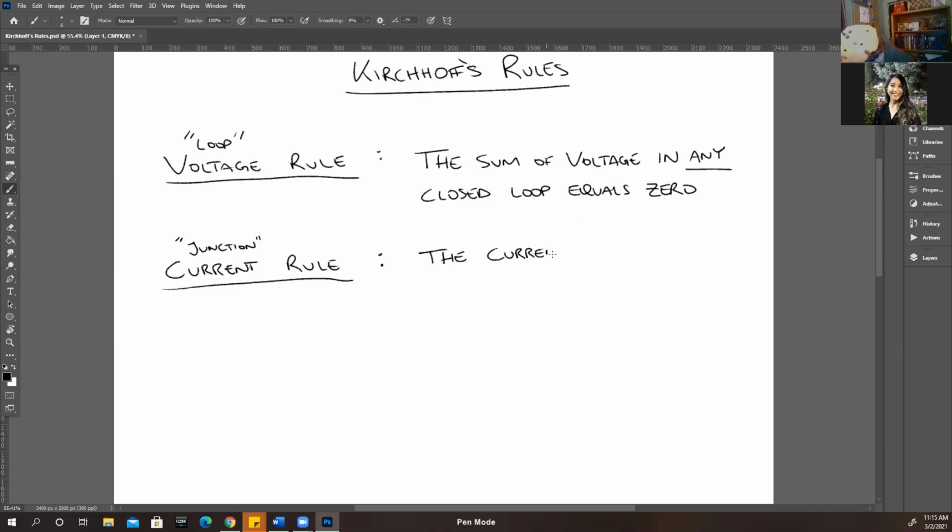Current I'll say enters a junction is the same as the current that exits the junction.